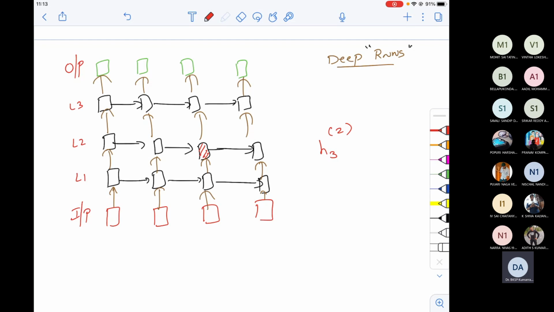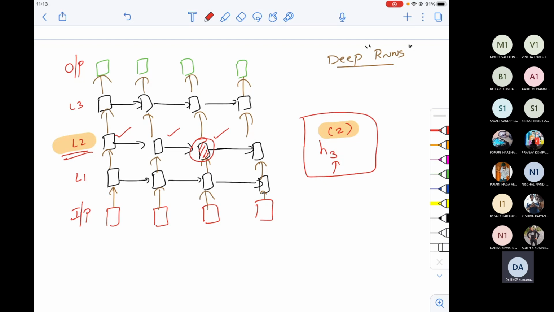That is nothing but the 2 is the layer number, the second hidden layer. And what is this subscript? It is third. Why is it third? Because in this particular layer, the hidden state is the third. 1, 2, 3. So it is generated as H3 of 2.